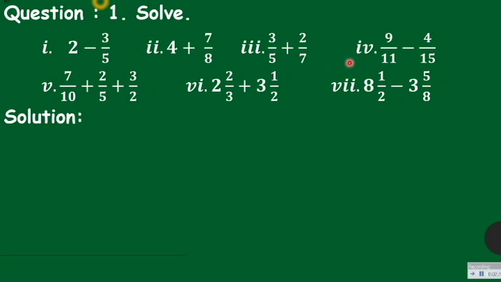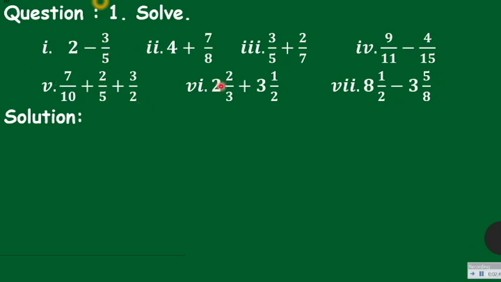In the fourth part, 9 upon 11 is a fraction minus 4 upon 15, which is also a fraction. Here also we need to do subtraction. In the fifth part, 7 upon 10 plus 2 upon 5 plus 3 upon 2. All numbers are fractions, and here we need to do addition.